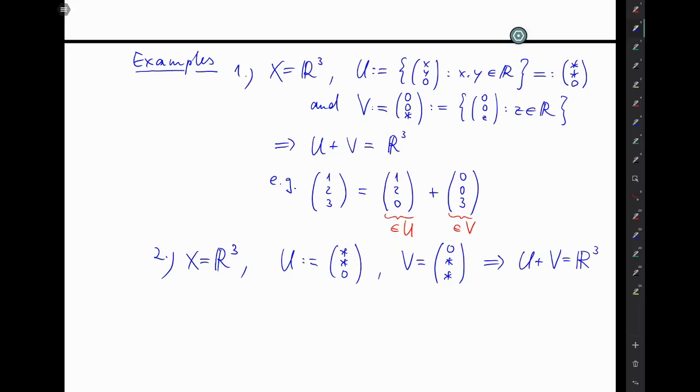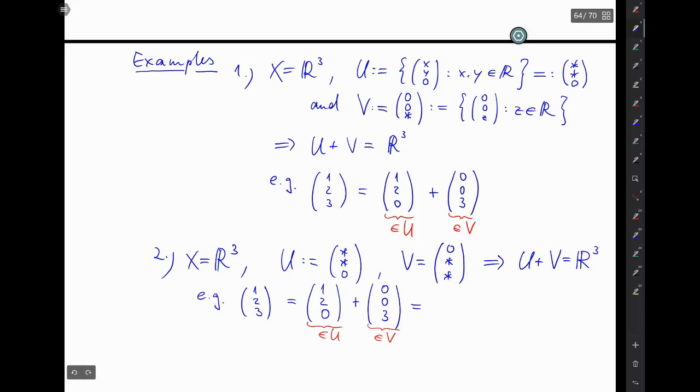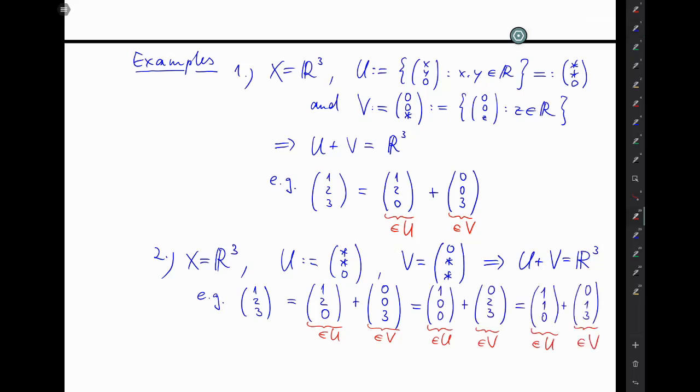So let's take the same vector 1, 2, 3 and decompose it into a vector from U plus one from V. But now you say, hang on, this is not the only way you can write this. It would also be possible to decompose it like this, or maybe like that, or in infinitely many other ways, because no one is telling you how to spread this 2 between these two stars, so you could divide this as you like.